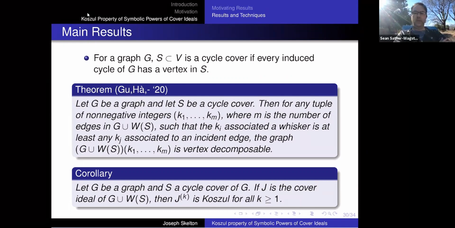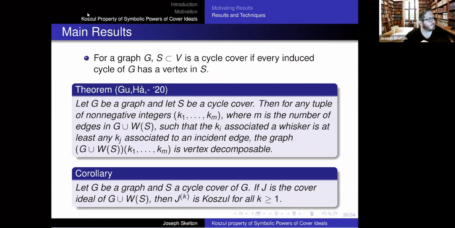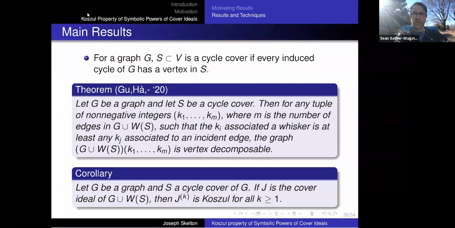Thank you. My second question is, you're getting the fact that these symbolic powers are Koszul, so that's characteristic independent. Is that correct? Is that true in general, that for a square-free monomial ideal, the symbolic powers being Koszul is characteristic independent? I'm always keen on these things where you can get algebraic information from the combinatorics, and then as a consequence, you get characteristic independence.